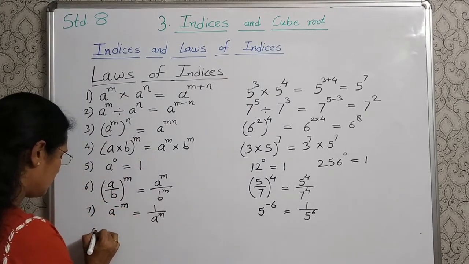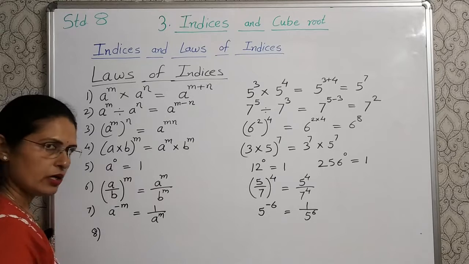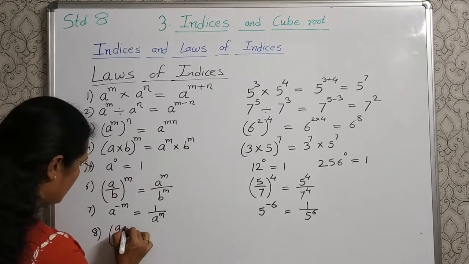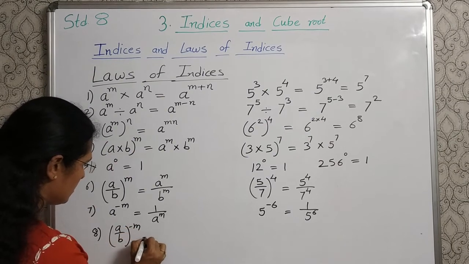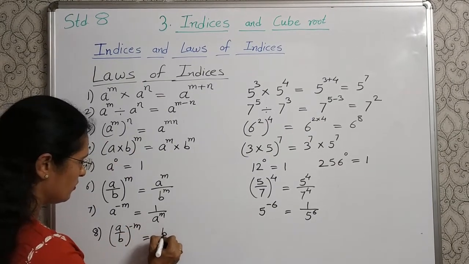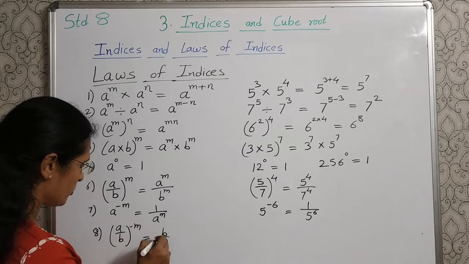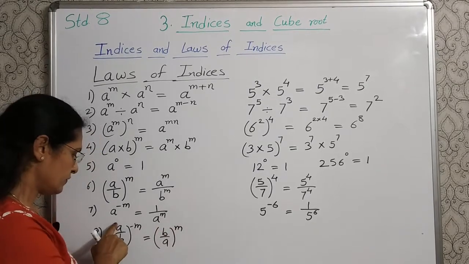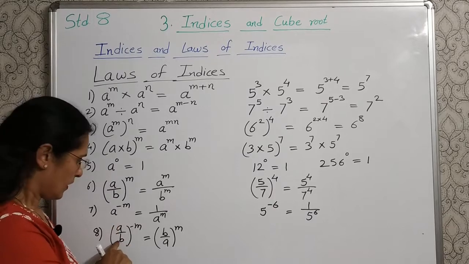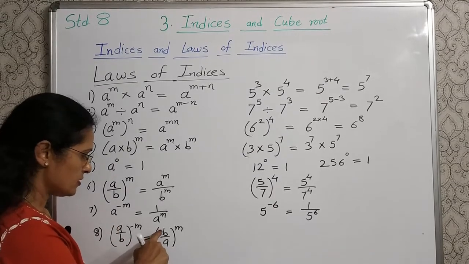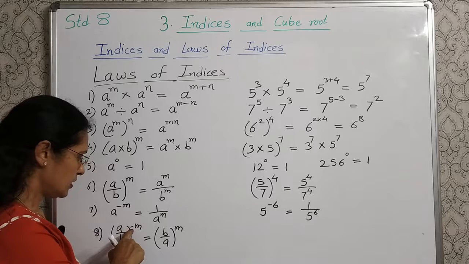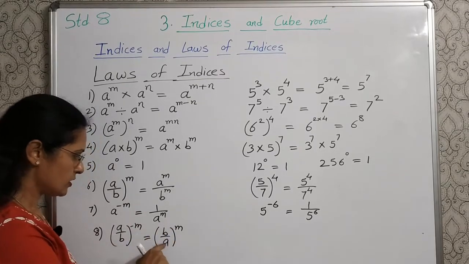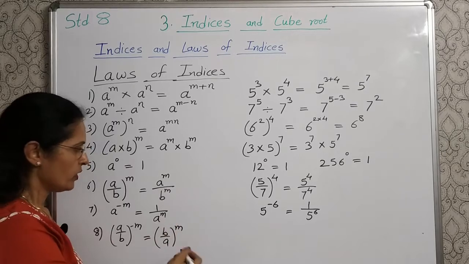And next, eighth law is, when it is a by b raised to negative index, then we can write b by a. So we took reciprocal of this and raised to m. So when we write this a by b as b by a, then this negative index will become positive. So after writing it as a reciprocal, negative index will turn into positive index.